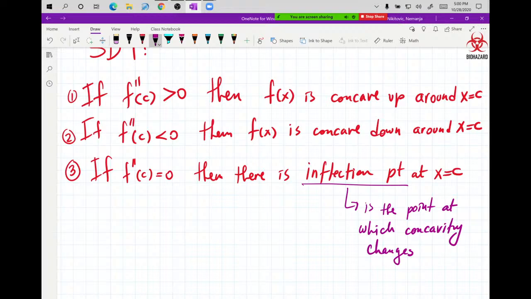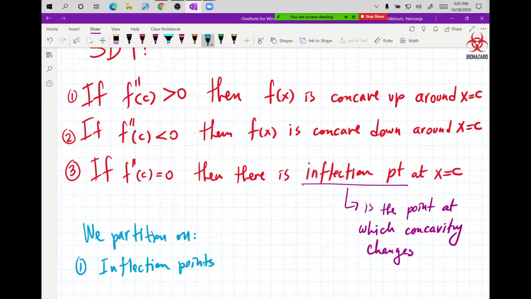So now, let's go, I guess, blue. We partition on inflection points and vertical asymptotes.